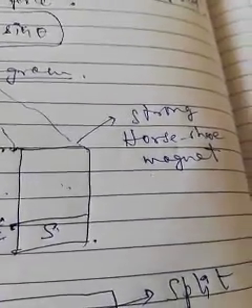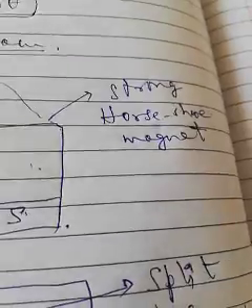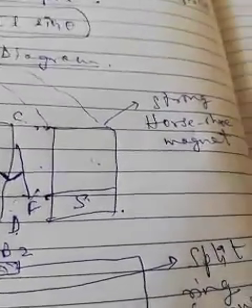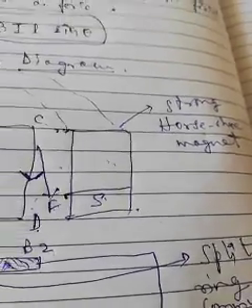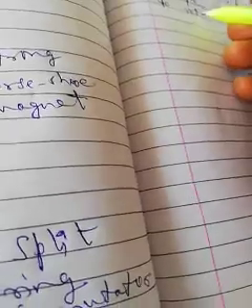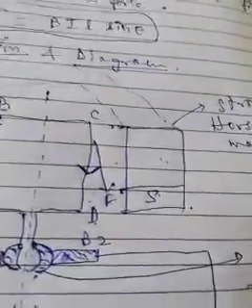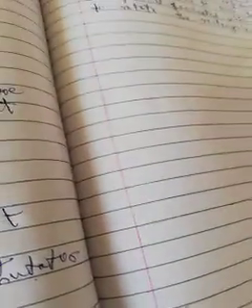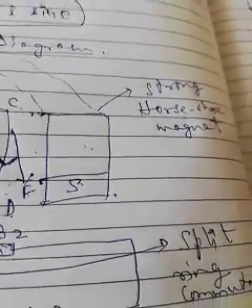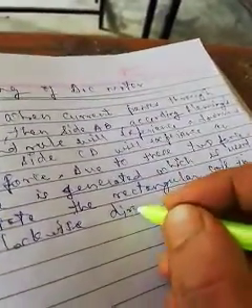Due to these two forces, torque is generated, which is used to rotate the rectangular coil in the anti-clockwise direction.